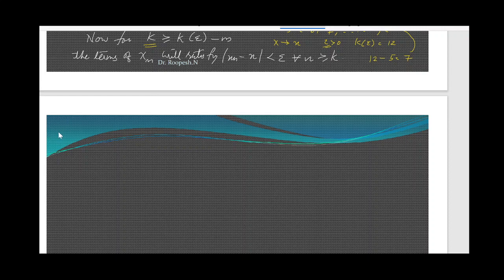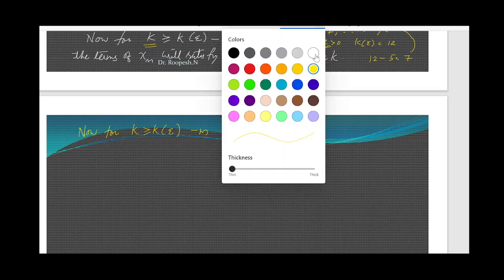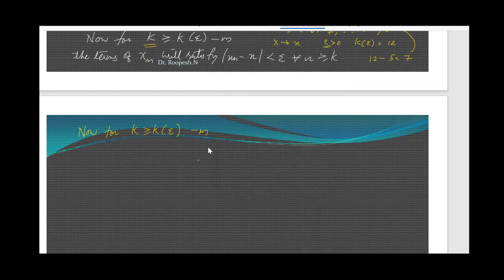So now, for k greater than or equal to k of epsilon minus m, I am taking that value, k of epsilon minus m.